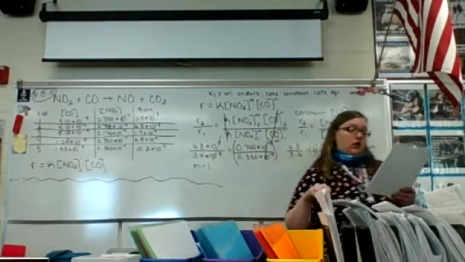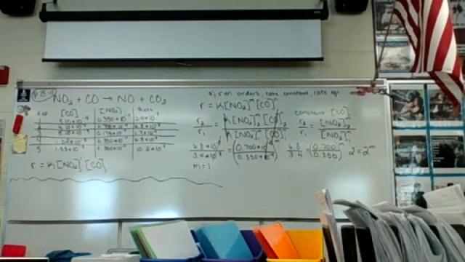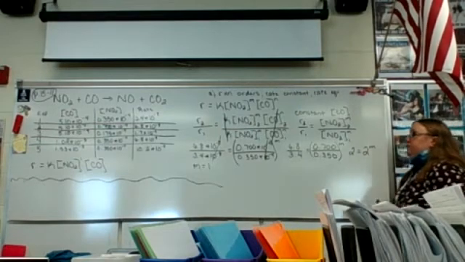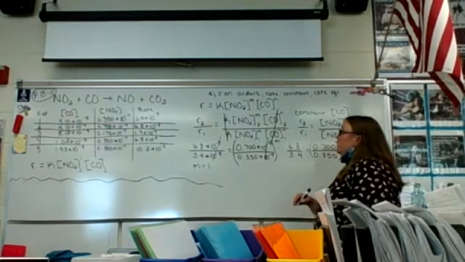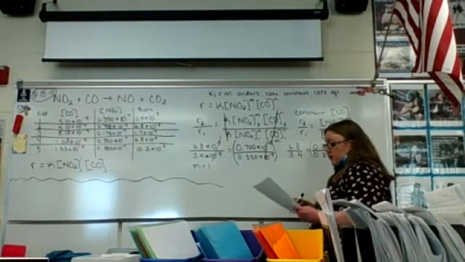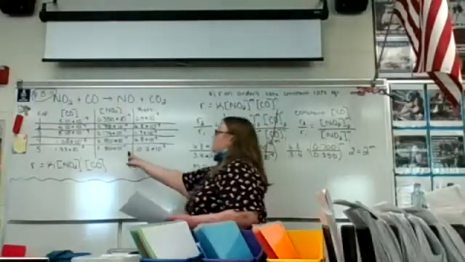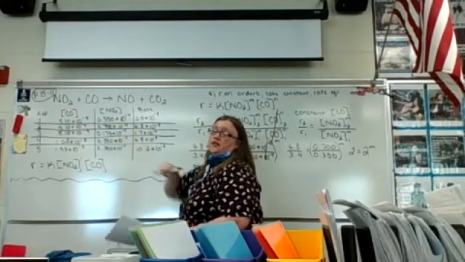So to determine the reaction order for the carbon monoxide, we're going to look for an experiment that has the NO2 constant. And we have experiment 5 and experiment 4 that has NO2 constant.